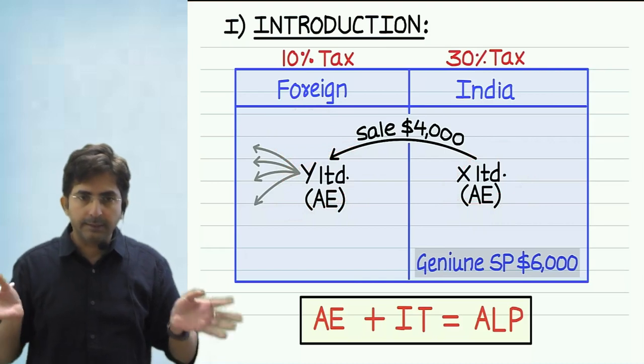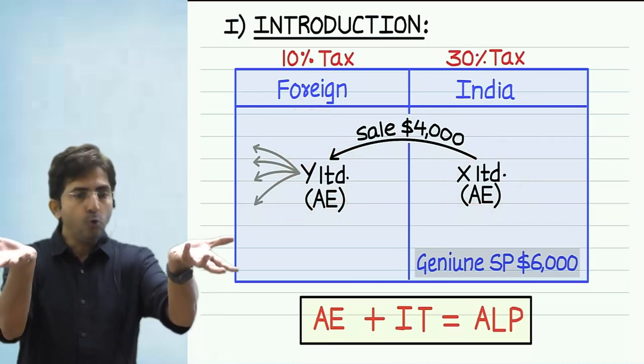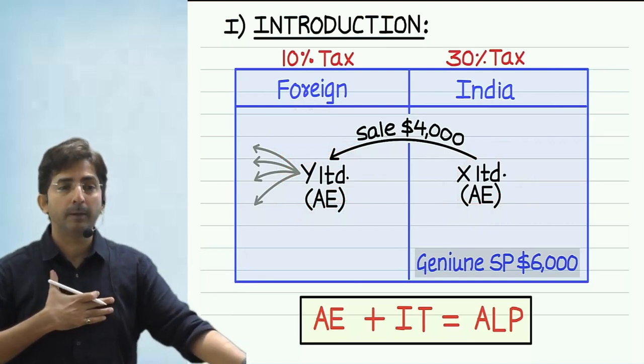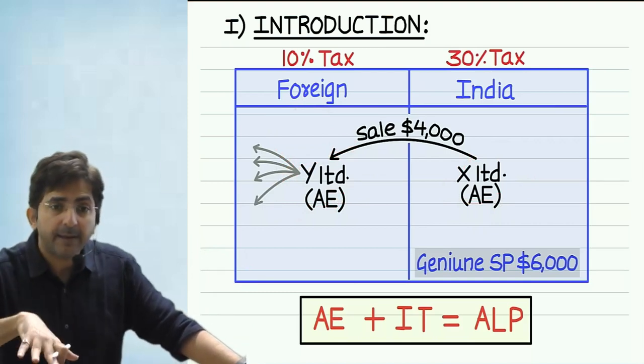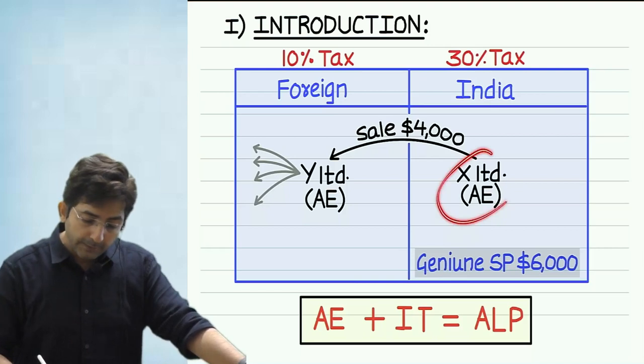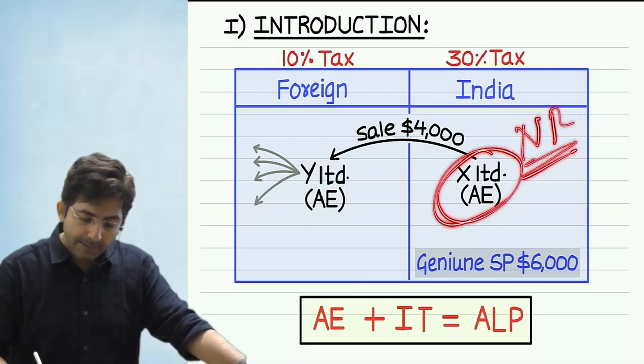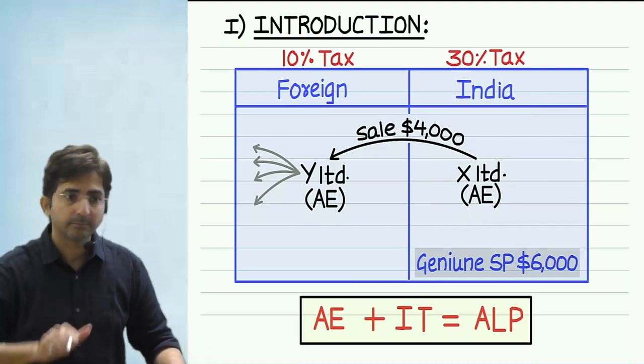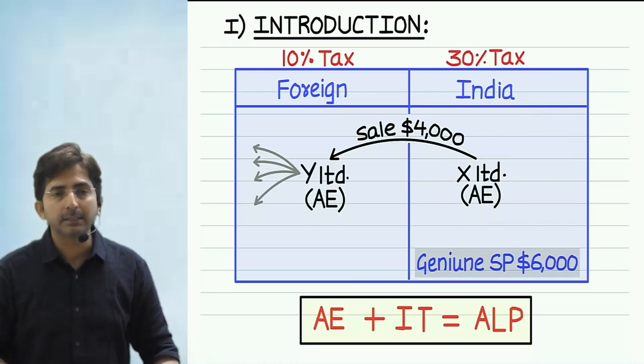In short, it is possible that two non-residents can also hurt the Indian government, especially when one of the non-residents should be having a place of business in India. I mean, this is a condition, huh? What is the condition?